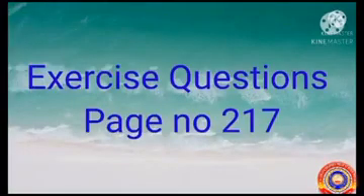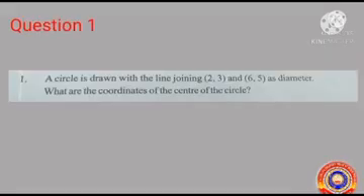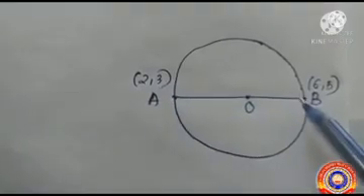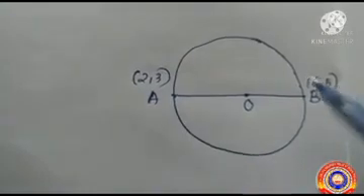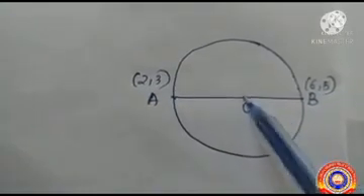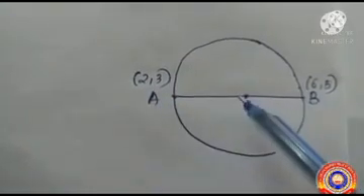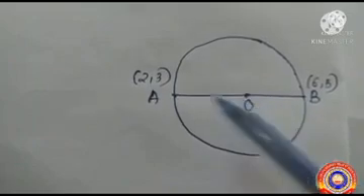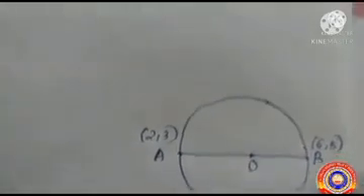Next, we are going to do the exercise questions on page number 217. Question number 1. A circle is drawn with the line joining (2, 3) and (6, 5) as diameter. What are the coordinates of the center of the circle? Here AB is the diameter. We have to find the coordinates of the center O. We know that O is the midpoint of AB.